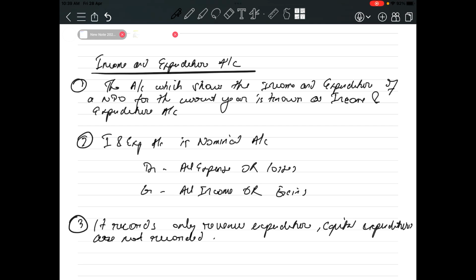Installation charges are for the machinery to come into existence, into full use. Those kinds of expenses are called capital expenses, so it will be taken to the machinery account only. It will be capitalized, so the value of machinery will be increased by 10,000. I hope it is clear to you.